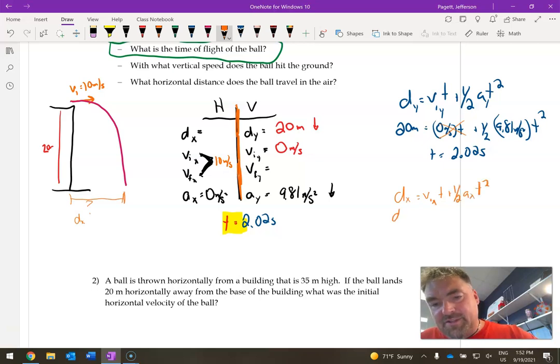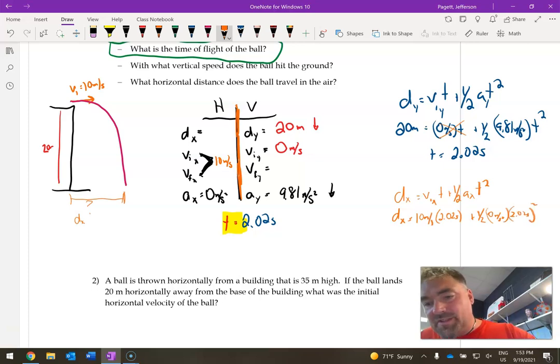And so dx, that's what I'm looking for. VIX, oh, that's 10 meters per second, times t, 2.02 seconds, because the time it's going forward is the same as the time it takes for it to fall down, plus 1/2 of 0 meters per second squared times 2.02 seconds squared.